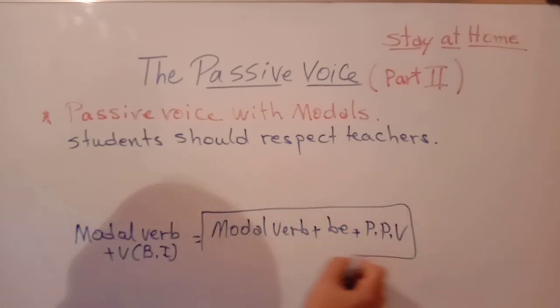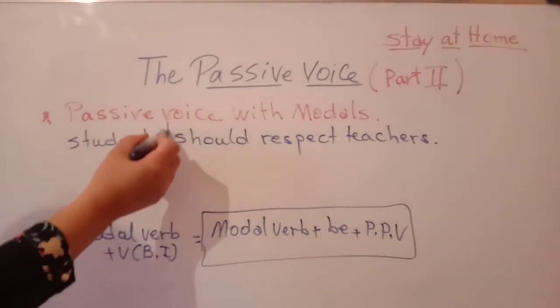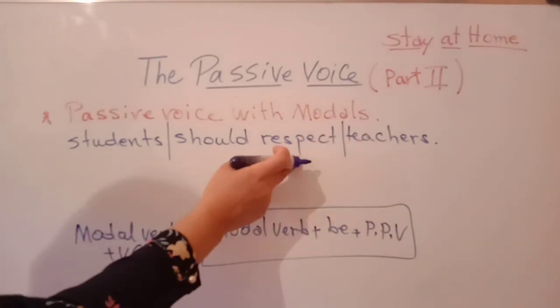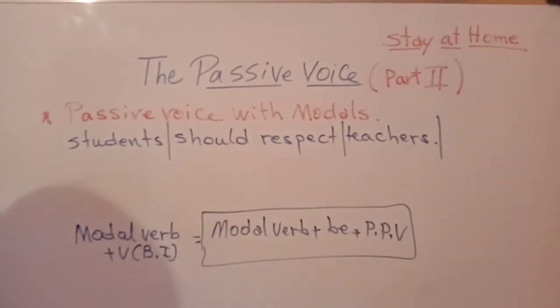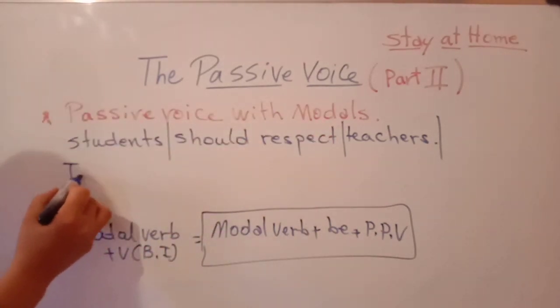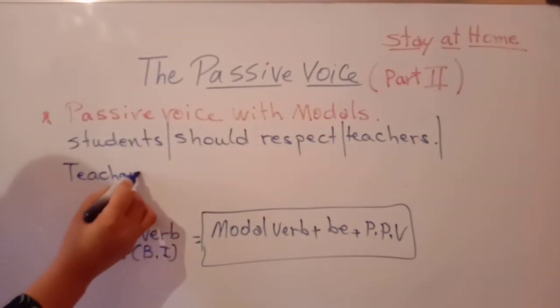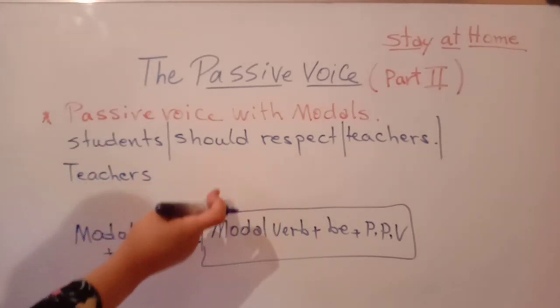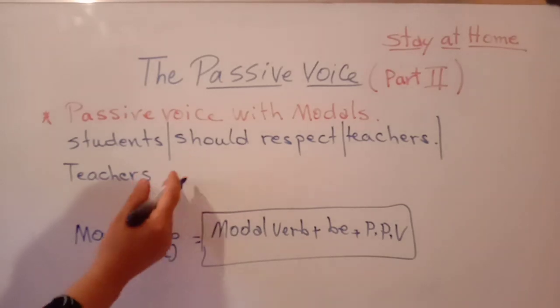So let's apply this form. Let's first identify the parts of the sentence. You have student is subject, respect is the verb, and then you have teachers is the object. So teachers become subject. Teachers, okay? So as I told you before, should, we don't change the modal. So should.